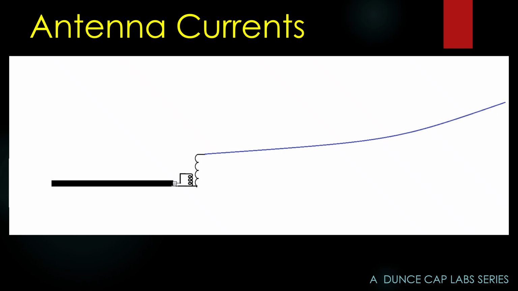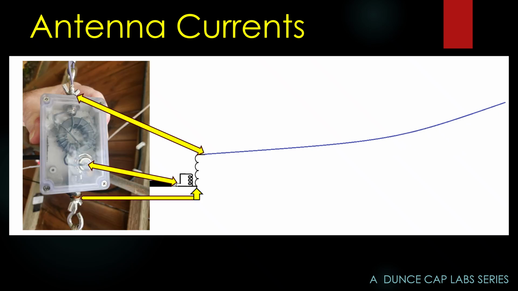Here we go. We've got our line. Just to be clear, this is an actual end-fed, I guess you call it a unun or balun. And let me get my pointer out here. Here we go. All right, here's our ground lug right here. Here's the shell of our coax connector right here. They're tied together. The bottom of both coils are tied to both. All right. The center pin is right here.